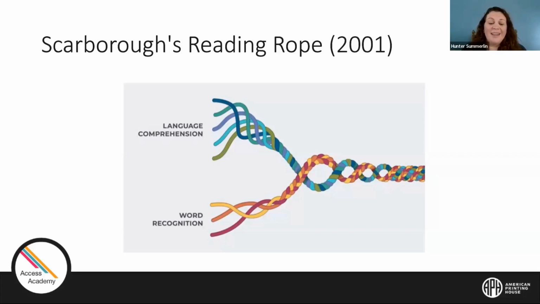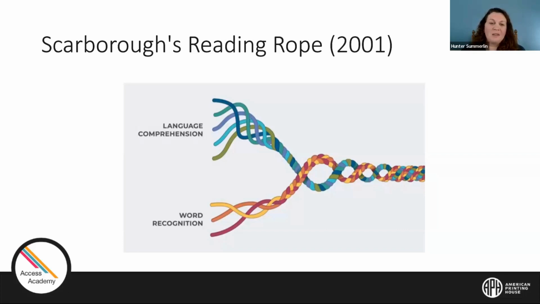language comprehension. Let's talk about what language comprehension is briefly for those of us who might need a little refresher, or if you just need the information. Language comprehension includes things like background knowledge about facts and concepts, vocabulary, such as the precise vocabulary that you would need, the breadth of your vocabulary, language structures, verbal reasoning, including metaphors and inferences, as well as literacy knowledge, such as genre and print concepts and features.